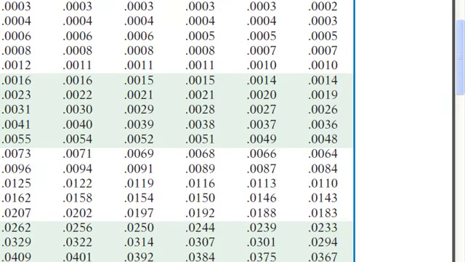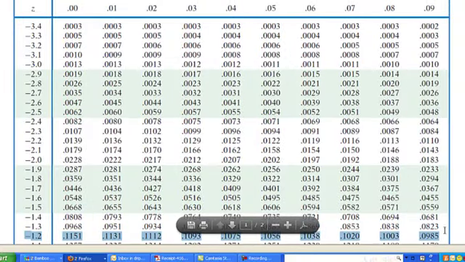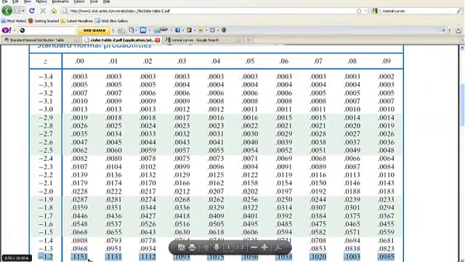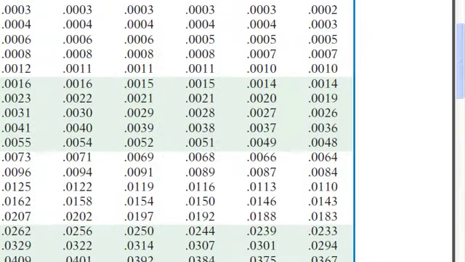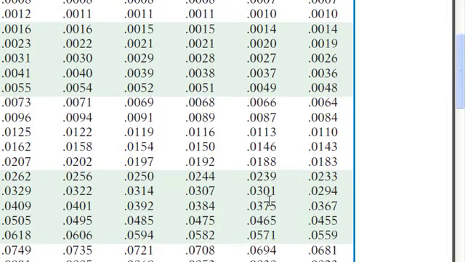It gives me, here's negative 1.2, and if I stumble all the way over here, this value corresponds to negative 1.20, negative 1.21, negative 1.22, negative 1.23, etc. This value right here corresponds to the area to the left of z equals negative 1.29.